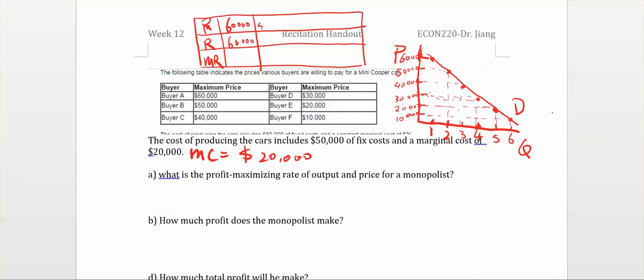If the price is $50,000, we have 2 people who want to buy it, 2 times 50 is $100,000. And we keep going. At $40,000, we have 3 people who want to buy it. That is 120,000.